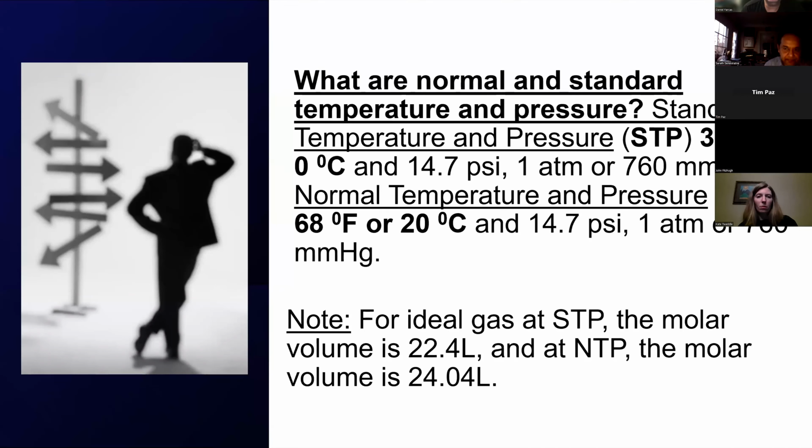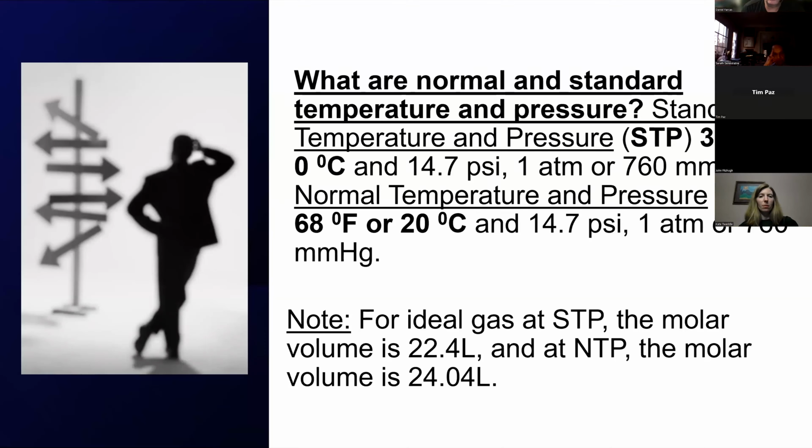And 14.7 psi, pounds per square inch, or 1 atmosphere, or 760 millimeters mercury column. The normal temperature and pressure is 68 Fahrenheit, which is a big difference from 32 Fahrenheit, or 20 Celsius. This is the most common temperature that you'll find in the factories. And again, it's 14.7 psi or 1 atmosphere or 760 millimeters of mercury column.